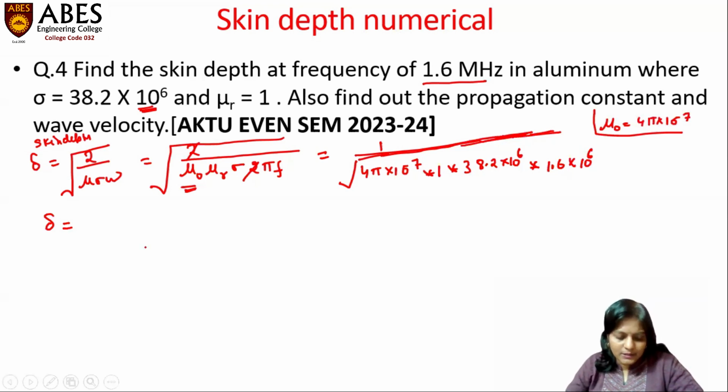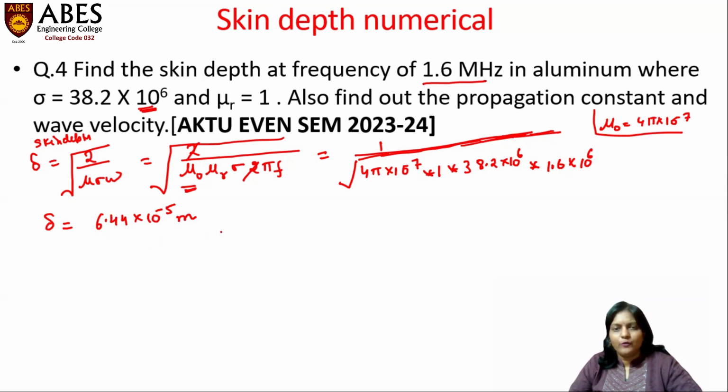It is 6.44 into 10 to the power minus 5 meter. This is the value of skin depth for a good conductor. So first part done. Now the second part: also find the propagation constant. We know that the propagation constant beta is equal to 1 by skin depth, and it is also equal to alpha.